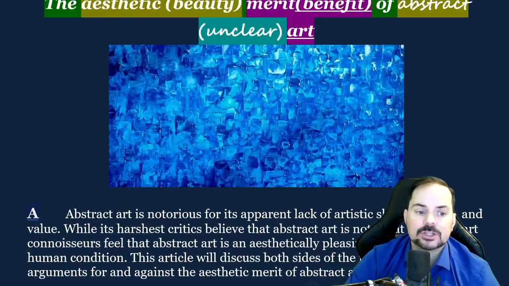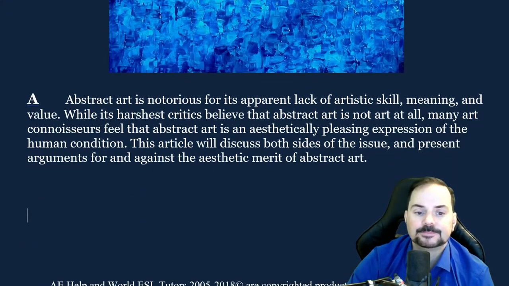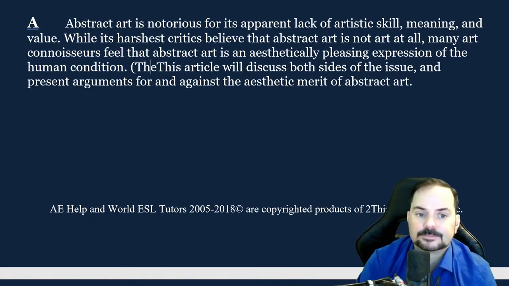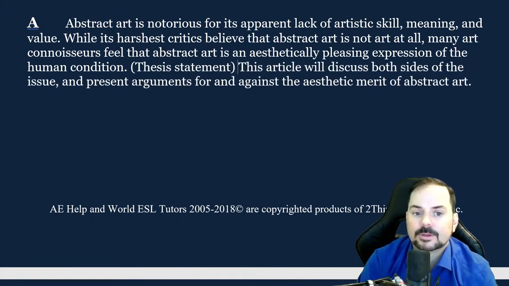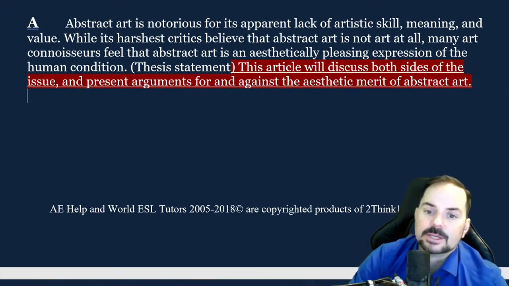Okay, so after reading this introductory paragraph, here's the thesis statement. This article will discuss both sides of the issue and present arguments for and against the aesthetic merit of abstract art. That's the thesis statement.